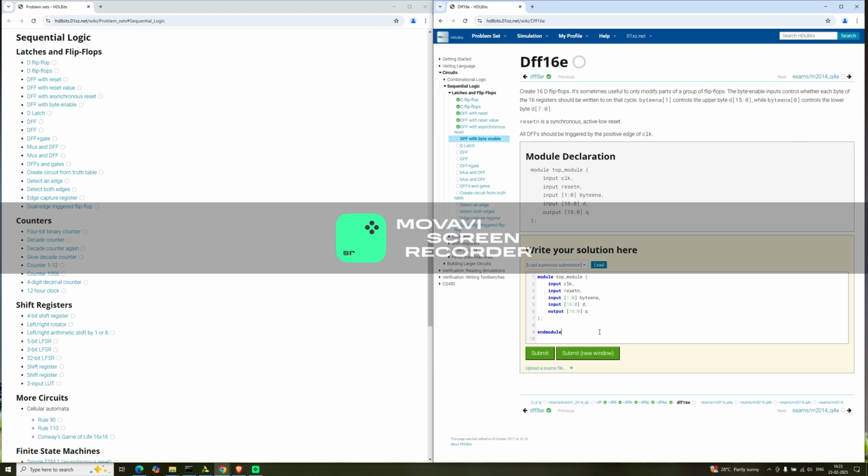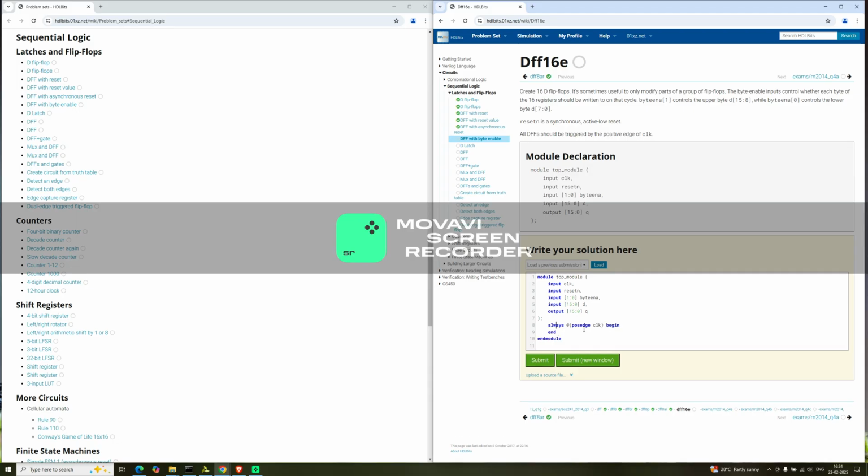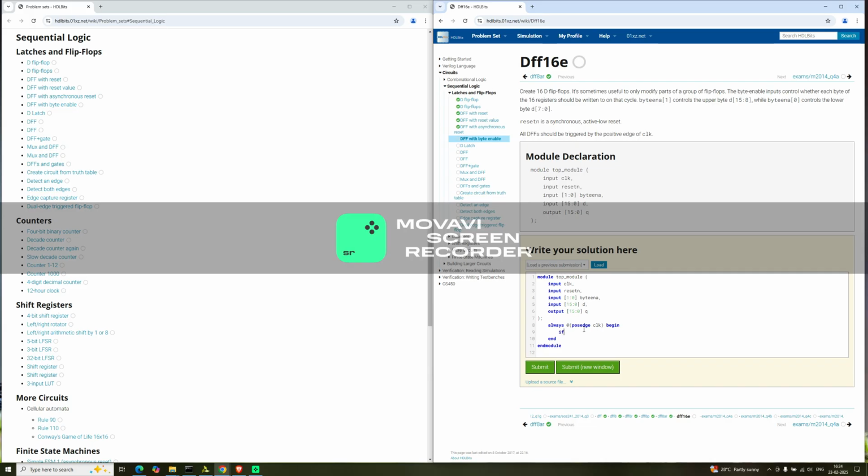So as we understood the problem statement, let's start coding it. We need to have a byte enable and reset. As reset is synchronous, we don't need to introduce a sensitivity list. So here the reset is active low, otherwise it is the same.